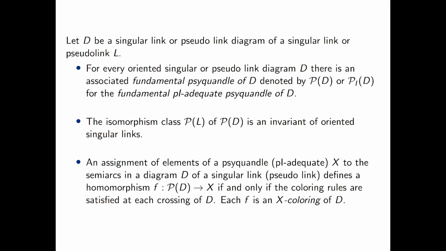The assignment of the elements of the Psyquandle X to the semiarcs in the diagram D that you're using for your singular link or pseudolink defines a homomorphism, some map from the fundamental Psyquandle to the target Psyquandle, if and only if the coloring rules that we set up at the beginning are satisfied at each crossing of your diagram D. Each one of these maps F is going to be called an X coloring of your diagram D.